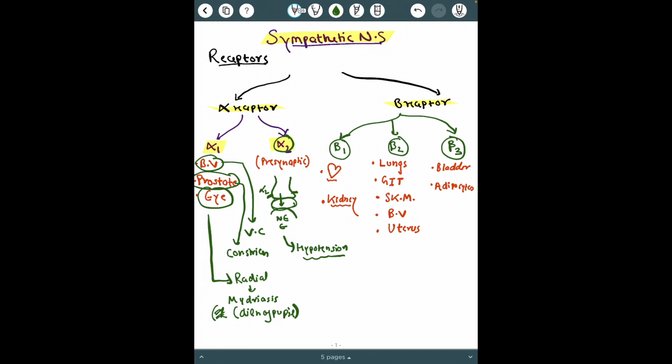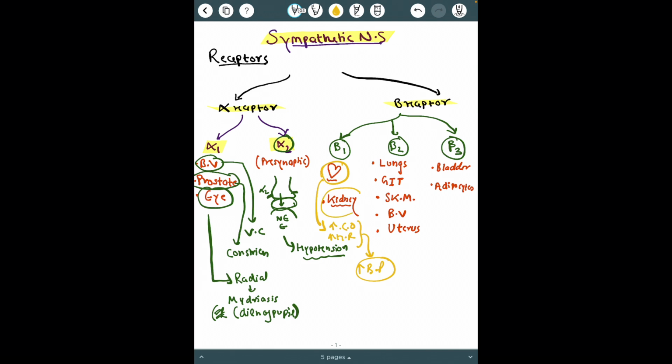These are very important. Beta 1 is present on the heart and in the kidney. In the kidney it is present on JG cells. In the heart, the function of this beta receptor is that it increases the cardiac output, increases the heart rate, and so there is a net increase in blood pressure.